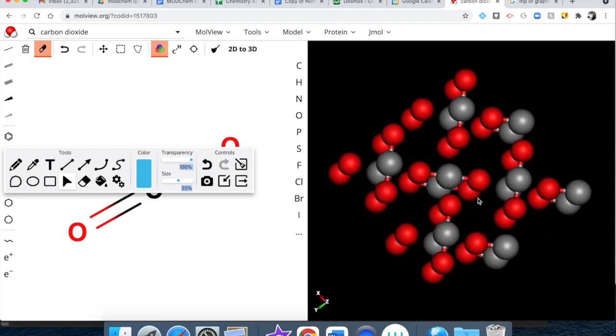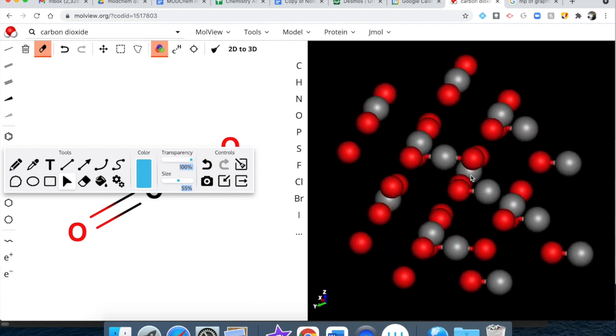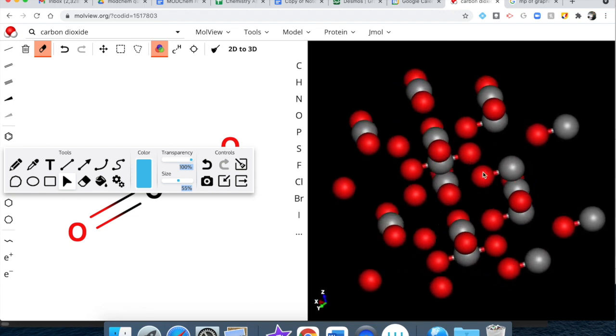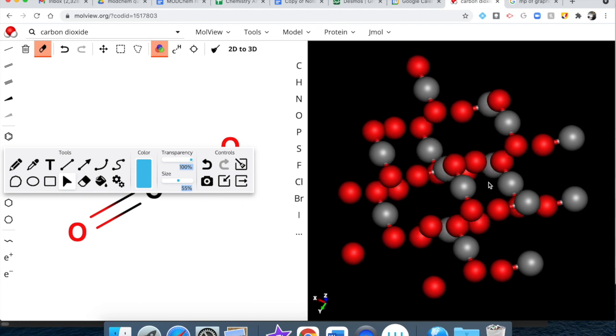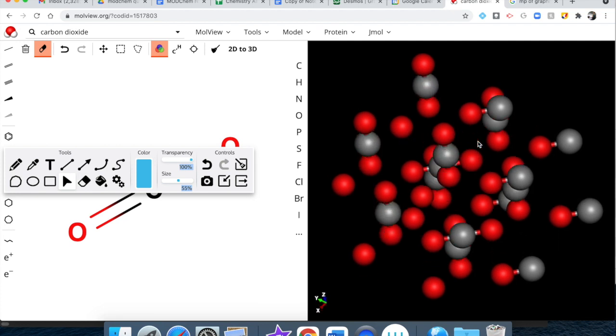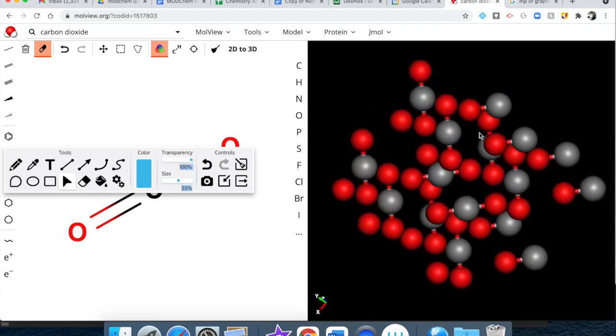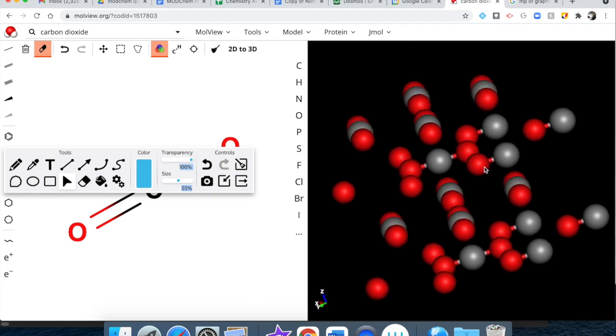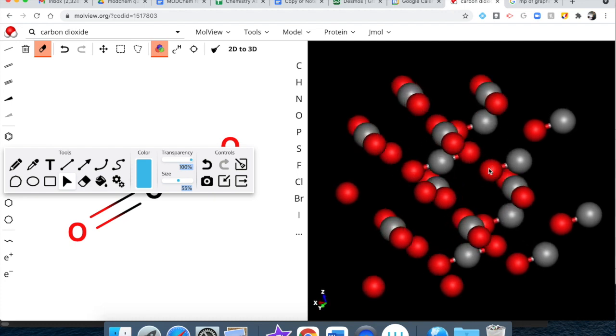Okay, so here would be a larger sample of solid carbon dioxide. And just like always in these solids, you can see that there's some structure to the solid, and it's a little more complicated. It's not so easy to find rows and columns as it would be for an atomic solid, because what's at the lattice locations, what's at the intersections of that grid work, are not atoms but molecules.